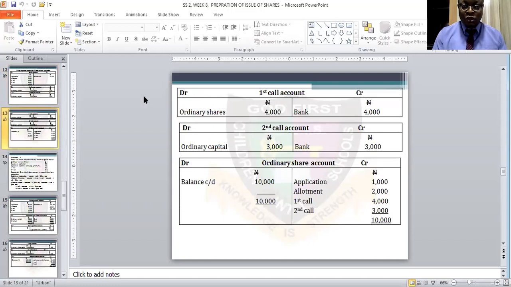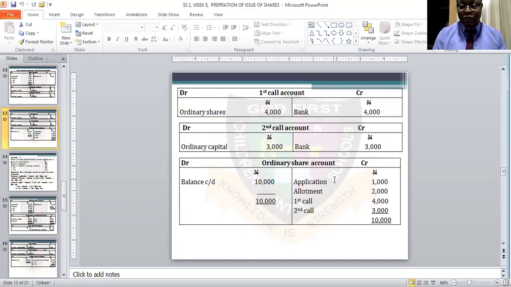Then first call. Under the first call, we have 4,000 naira. Then you also credit the bank account for the first call account, that's 4,000 naira. Then second call, 3,000 for ordinary share. Then for bank, we also have 3,000 at the credit side. Then the ordinary share capital application is 1,000.